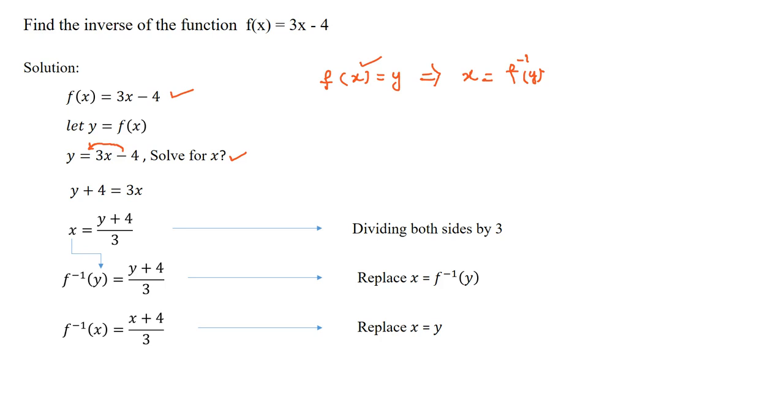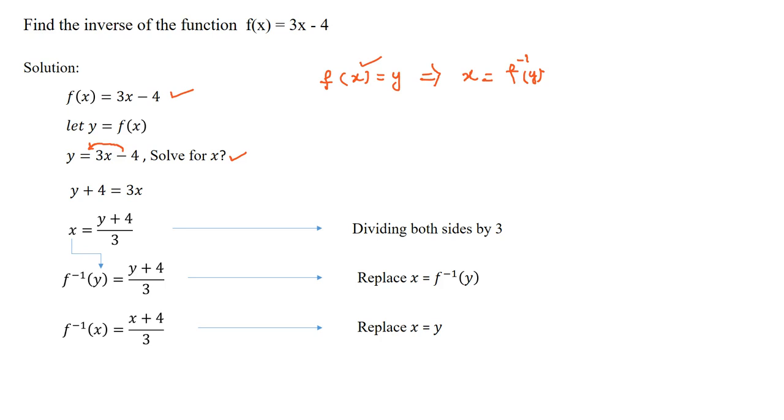So y plus 4 is equal to 3x. I want only x, I don't want this number 3, so I divide both sides by 3. x is equal to (y plus 4) by 3.